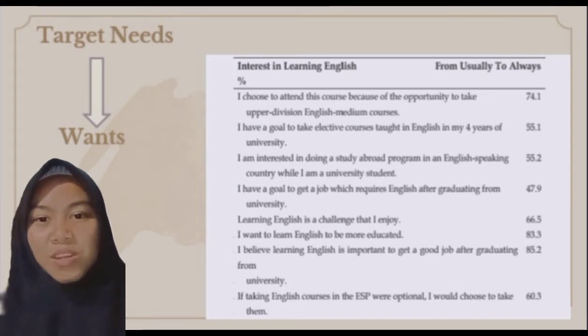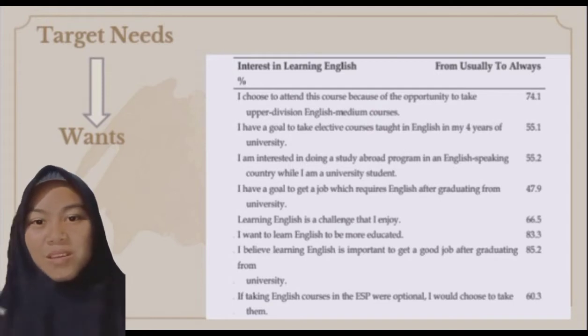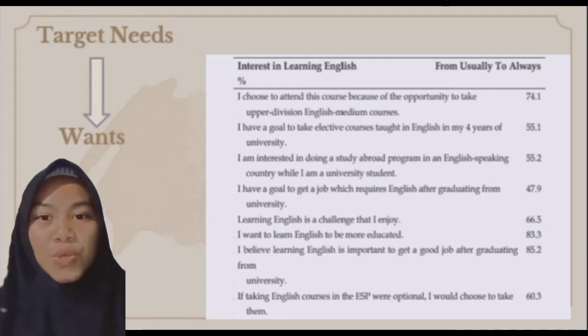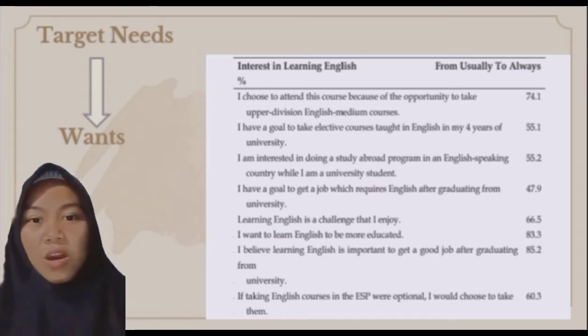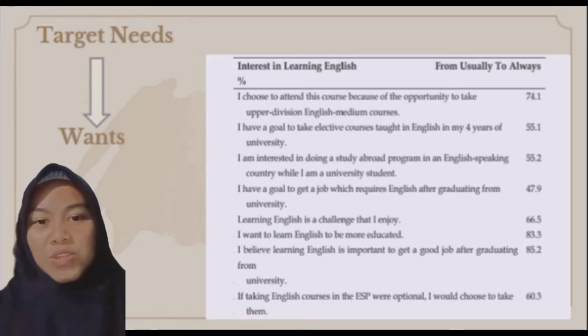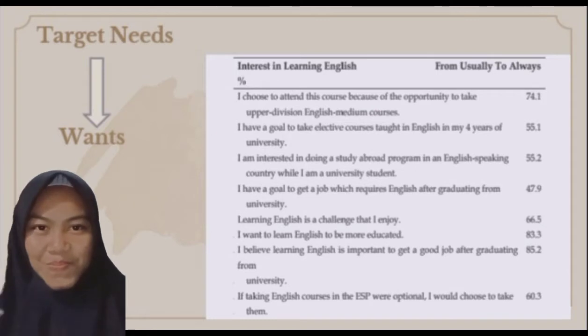I want to learn English to be more educated. I believe learning English is important to get a good job after graduating from university. If taking English courses in the ESP were optional, I would choose to take them.